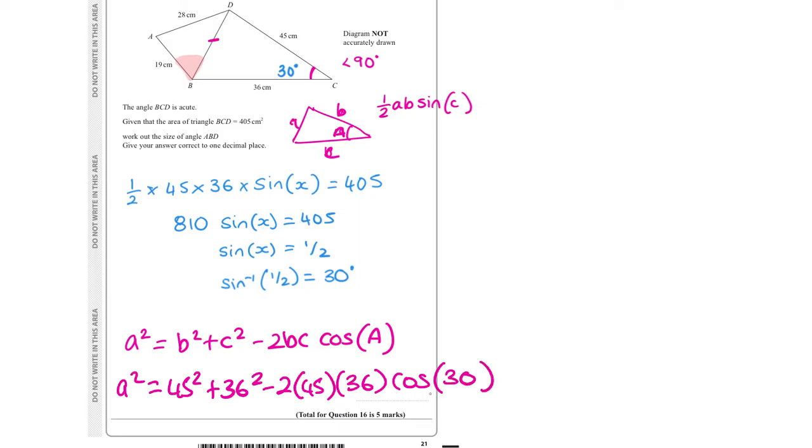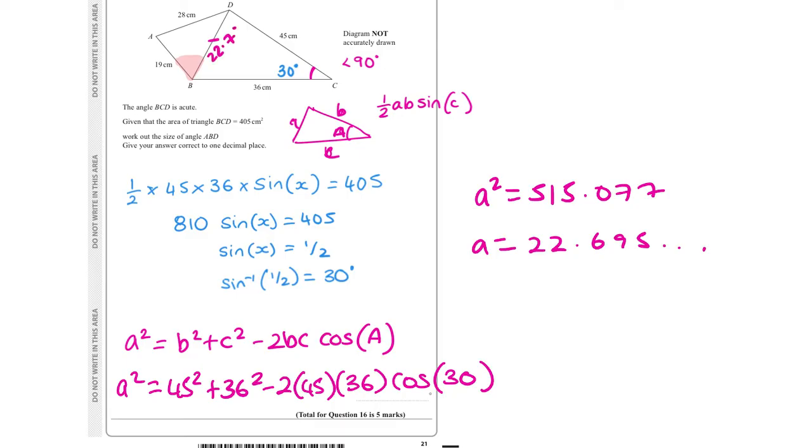I'm going to get a squared equals 515.07, etc. So what does a equal? Square root of the answer. 22.695 ... Okay? So 22.7.